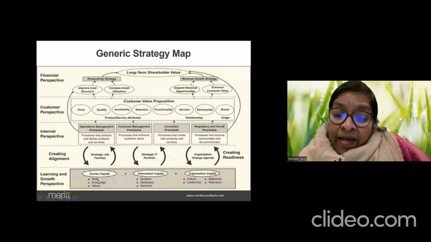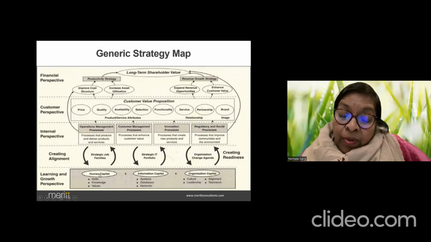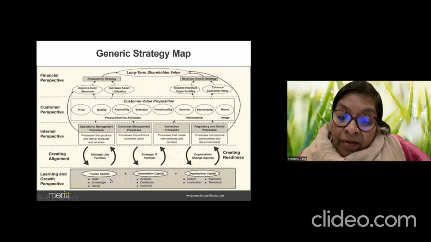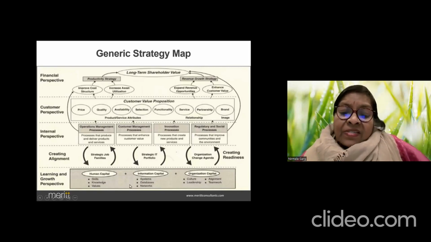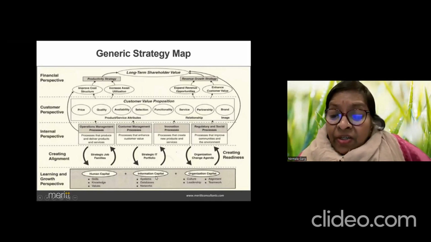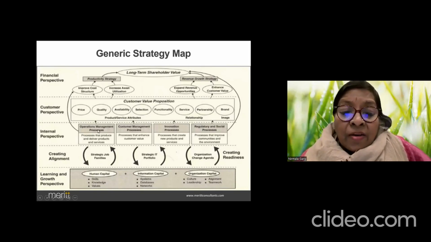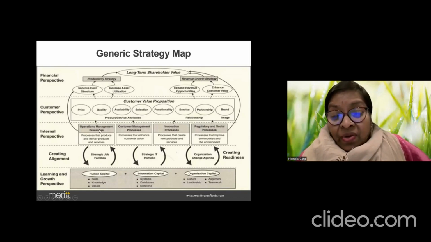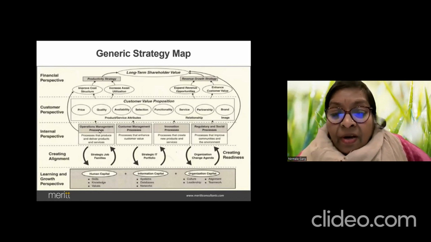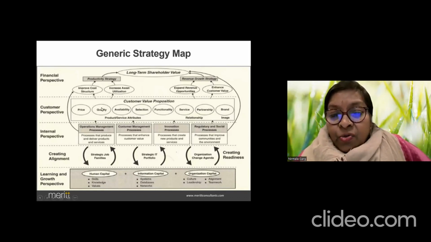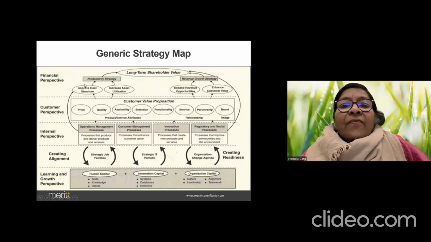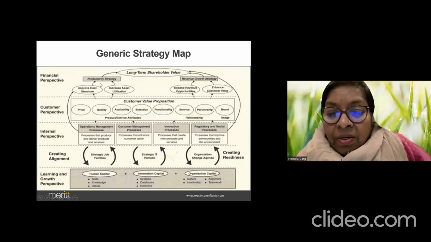So, if I have the right human capital, and if I'm doing the right kind of training, the right kind of competencies, the right kind of databases, technology, and the right kind of culture, then I'm able to drive my processes in such a way that they are able to deliver the right kind of products and services to a customer, which in turn will give what?